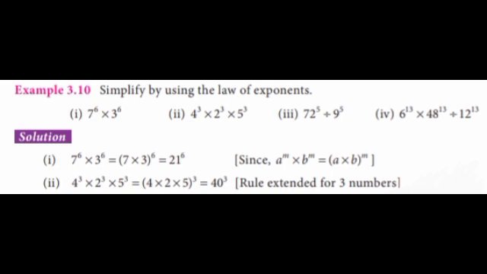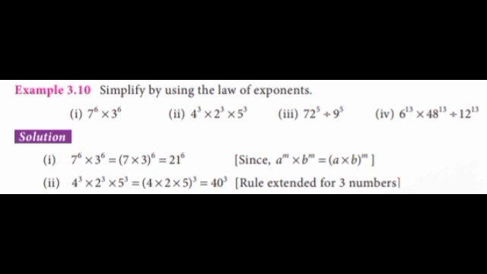See the first example, 7 power 6 into 3 power 6. Power is same, then base numbers 7 and 3. So we can multiply the base numbers. 7 into 3 the whole power 6. 7 3s are 21, the whole power 6. Here we used which rule? a power m into b power m equals a into b the whole power m.